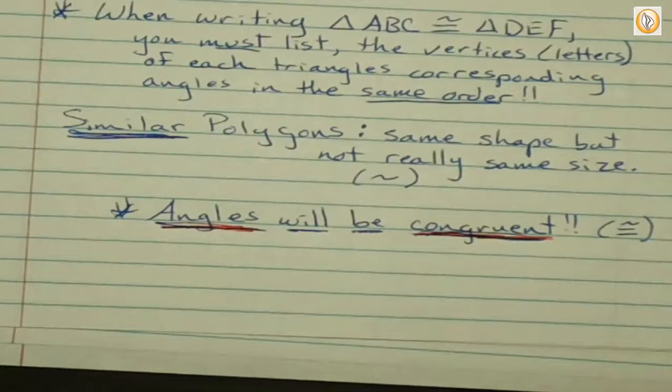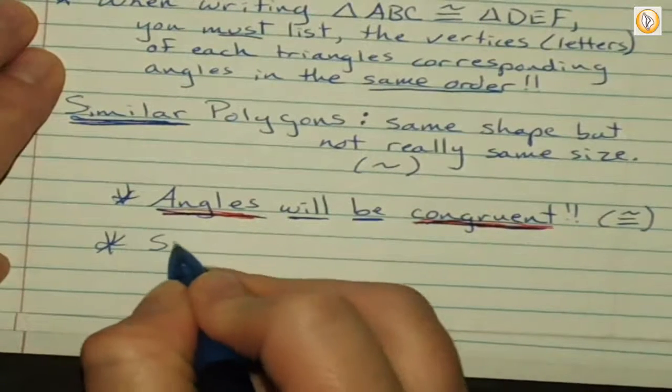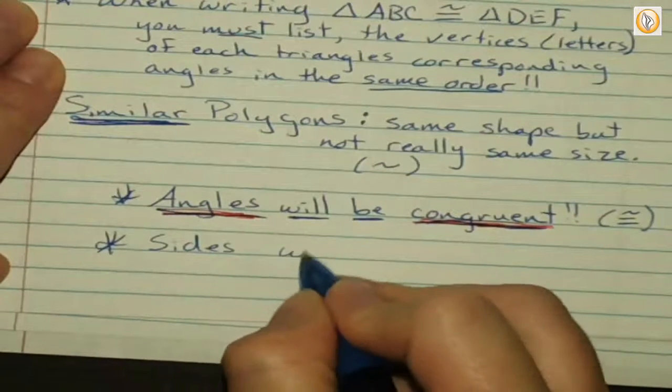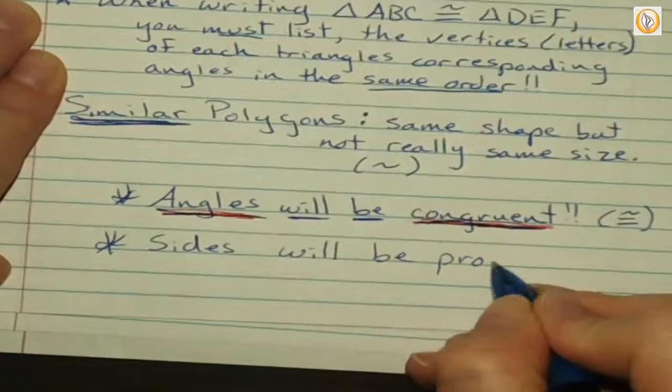So go ahead and share what you're realizing. For the symbols, the similar sign is on top of the equal sign to show that it's exactly the same, but with similar, it's just a sign because it's saying that it's not equal to, but it's similar. Sides will be proportional.